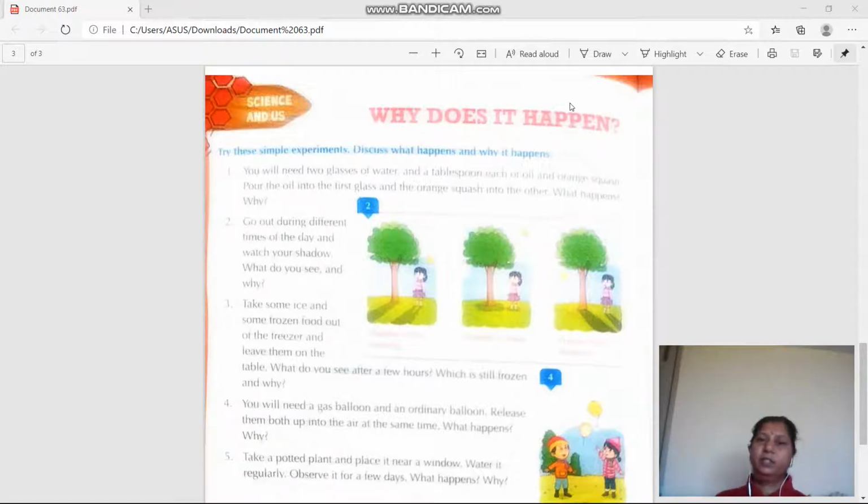When we are standing on the earth, in between the sun and the earth, our shadow falls on the earth. So there are different situations at different times.